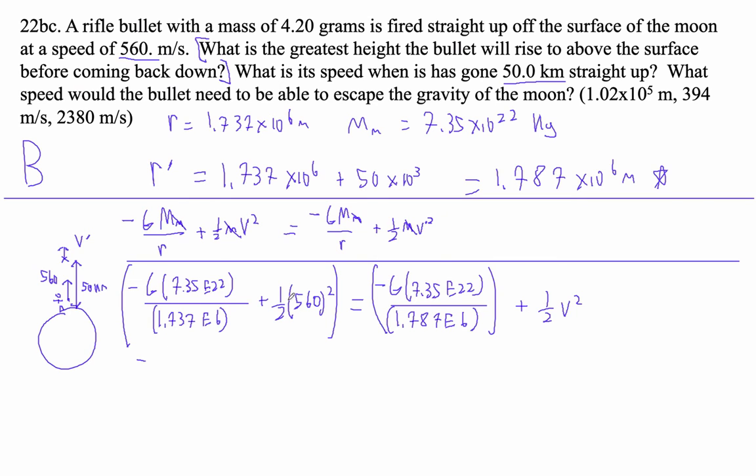Okay, so the whole left side here is solidly below zero. In other words, this term's negative, which means that we're still gravitationally bound. That is negative 2665566.149.